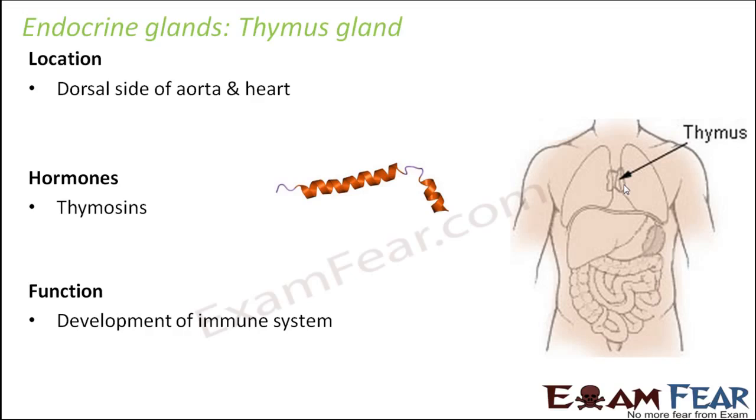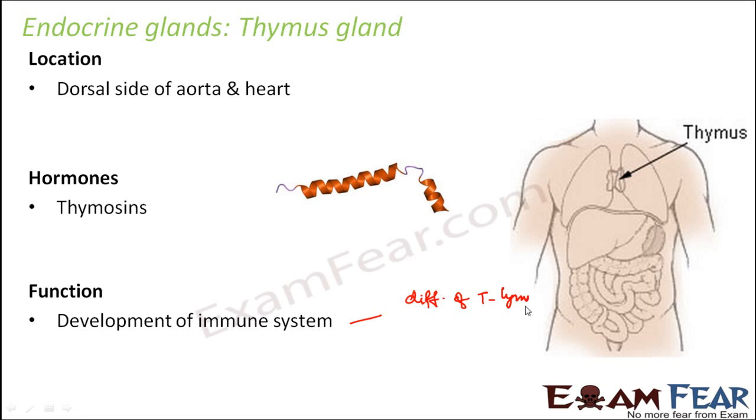So these thymosin hormones help in differentiation of the T lymphocytes, and that is how it provides immunity. So that is one way by which it helps in developing the immune system: differentiation of T lymphocytes.